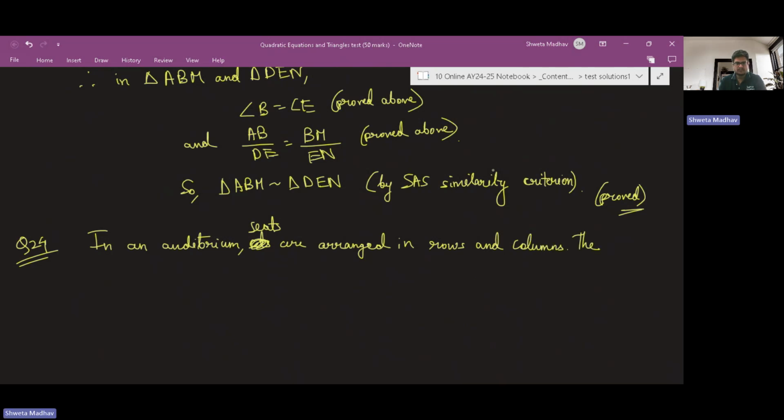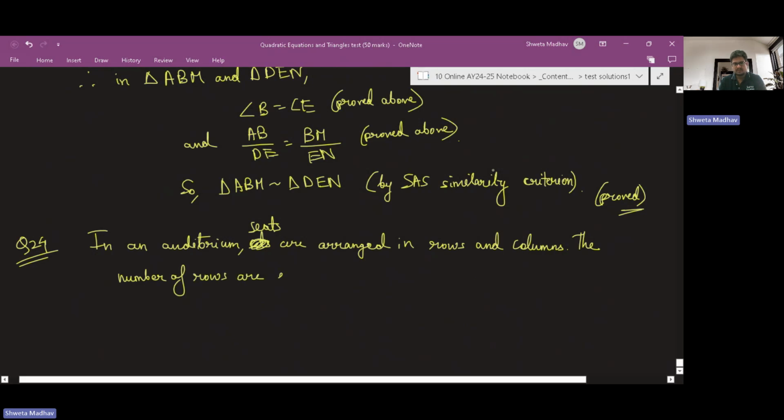The number of rows is equal to the number of seats in each row in the beginning.